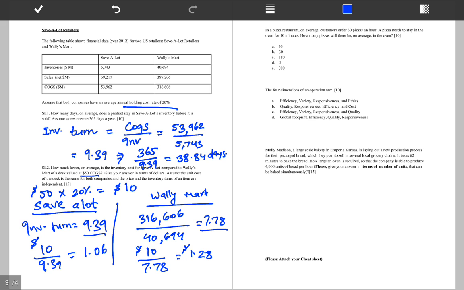Well, you can find the difference: 1.28 minus 1.06, which is about 22 cents.